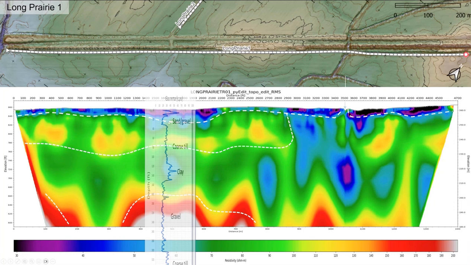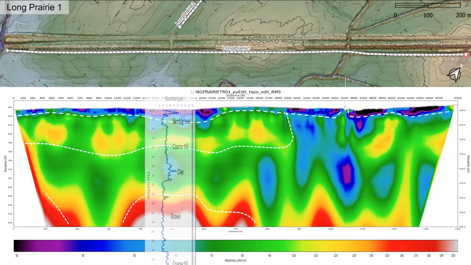This is the boring we did at Long Prairie Trail where we start to see, oh, we have a clay unit in the boring, and this blue stuff is probably correlated to that clay, and anything red and orange is correlated to more aquifer type stuff, sands and gravels. So down here, we hit a thick gravel in the boring, and we see this red stuff in the geophysical signal.